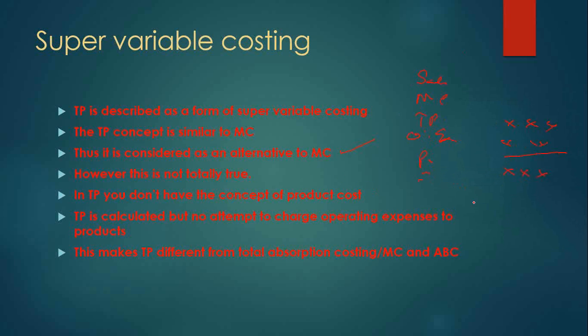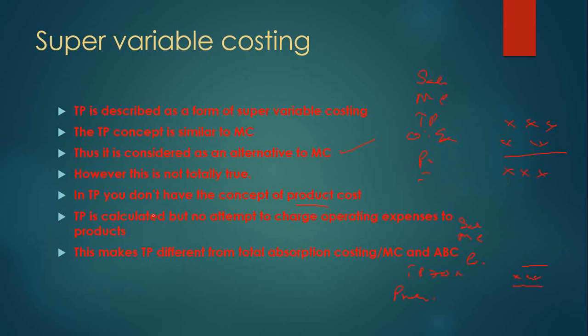But in absorption costing and marginal costing, we have the sales minus marginal cost, we get the contribution, and from the contribution we deduct the total production fixed overheads, then we get the profit. There we can value the inventory on the basis of a product cost.